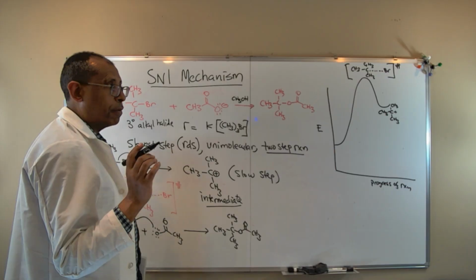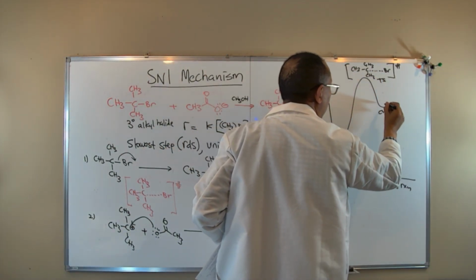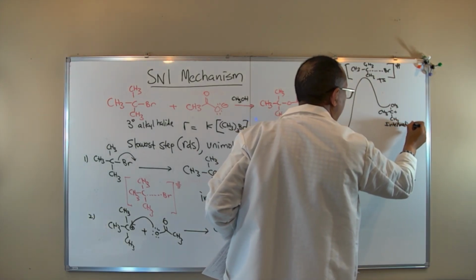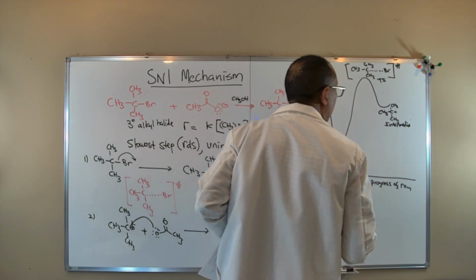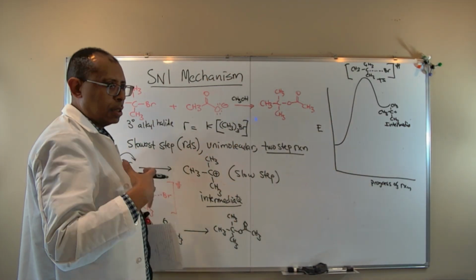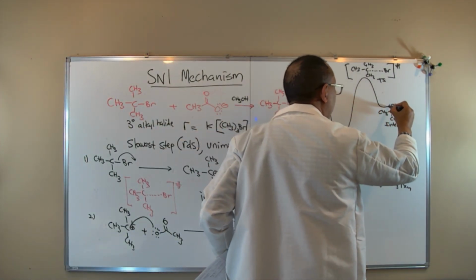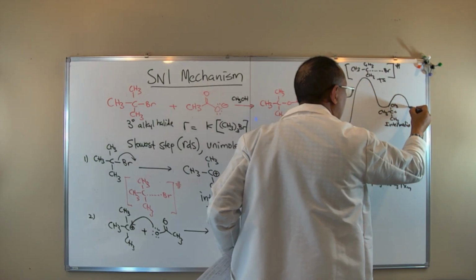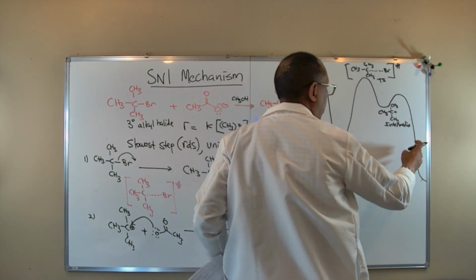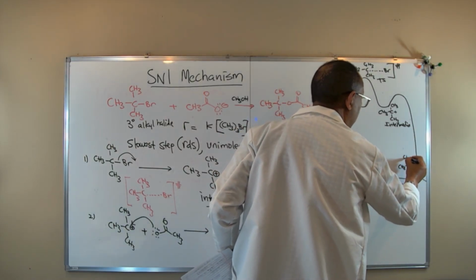Remember, there is a difference between transition state and intermediate. Now once the intermediate is formed, the next step is the nucleophile comes and attacks. It needs a little bit of activation energy, but not much. Nucleophile attacks, the product is formed. So here, the final product is formed.